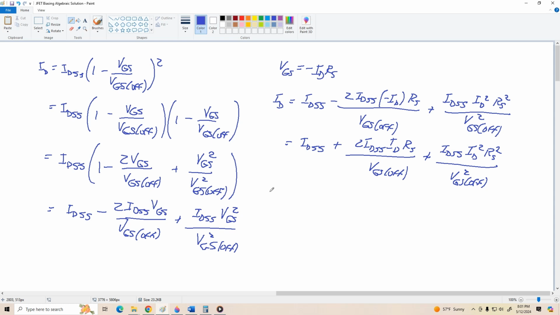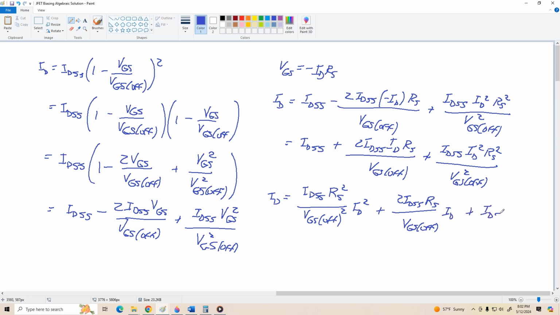So what that gives us is I sub D equals IDSS times RS squared over VGS off squared times ID squared plus 2 IDSS times RS divided by VGS off times ID plus IDSS.